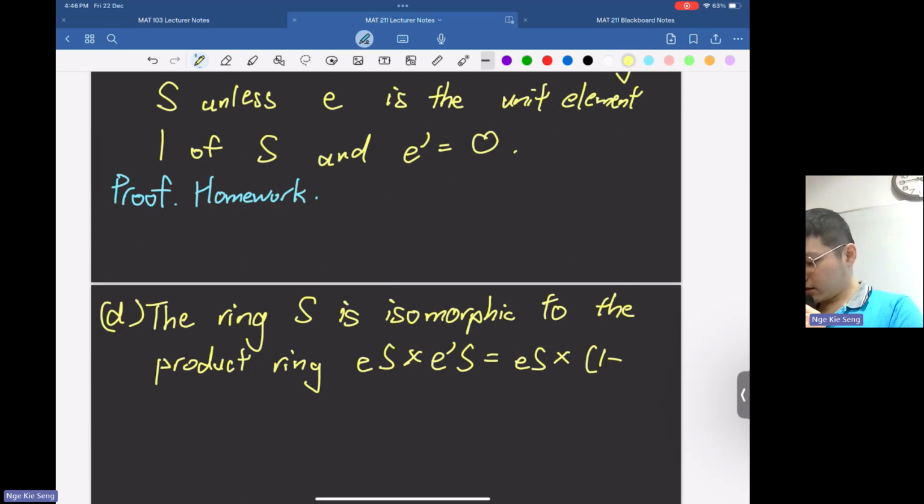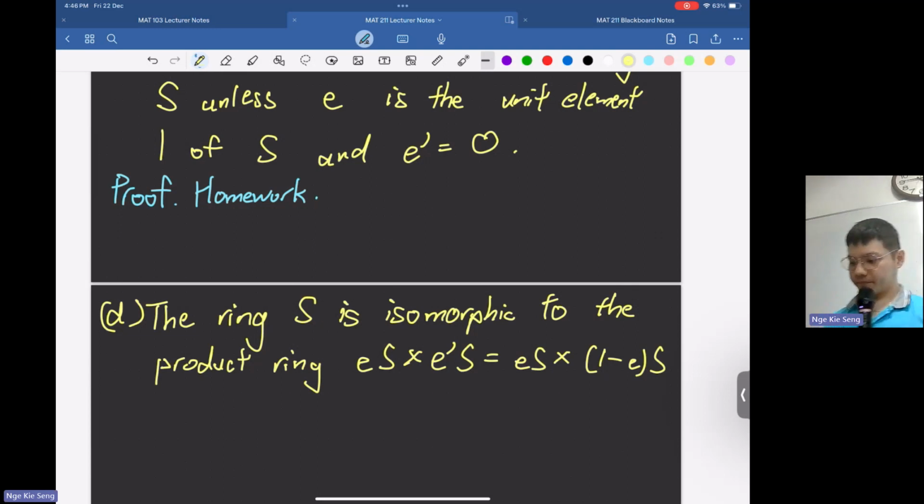Yeah, 1 minus E. So that means if you have a ring X, you take your idempotent and multiply it with your ring. Then it will split your ring into EX cross (1 minus E)X, the product of the two rings.